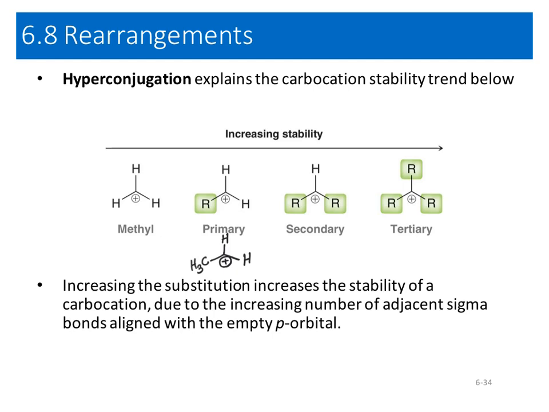So there is 1 alkyl group attached to the carbocation. We call that primary carbocation. And primary carbocation is more stable than methyl. It is obvious because we have more CH bonds that can participate in hyperconjugation.